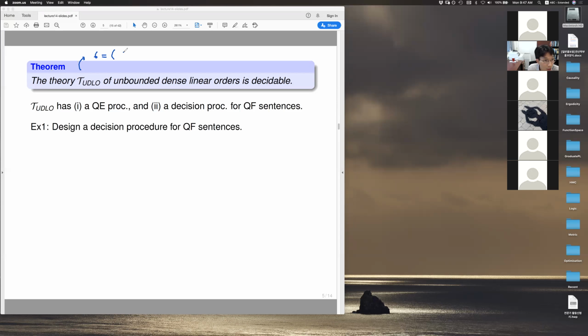It only contains less than and equality, and equality has the usual meaning. I will give you 1 minute to think about this. The answer is actually quite easy.